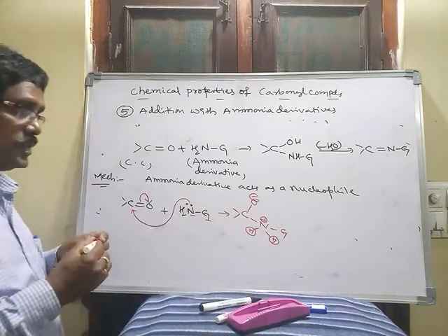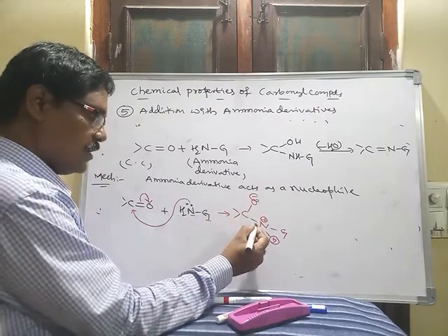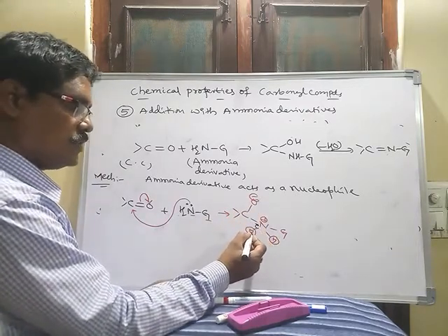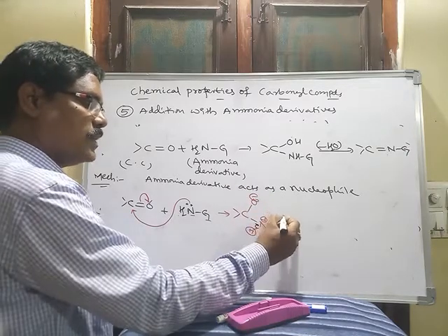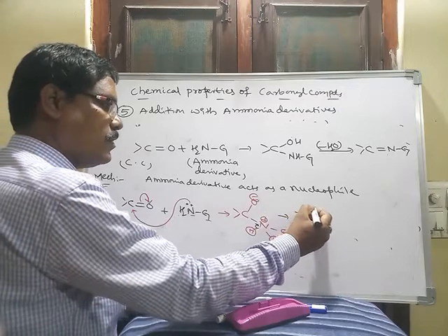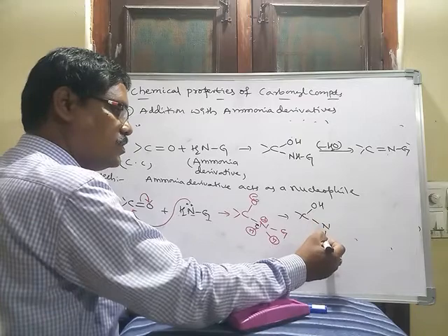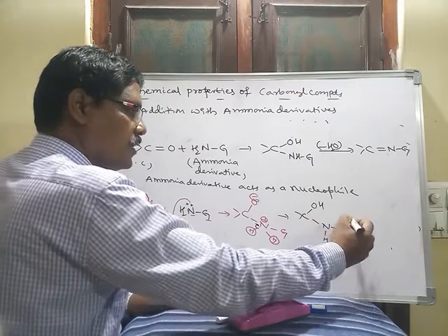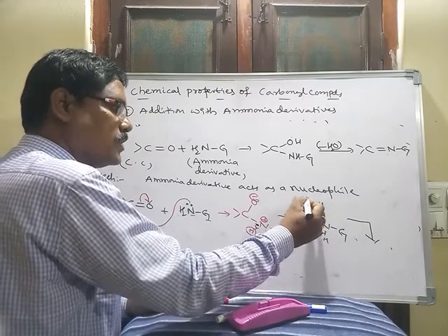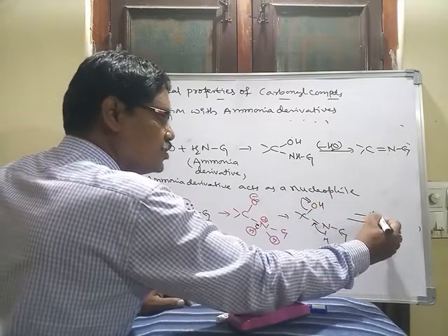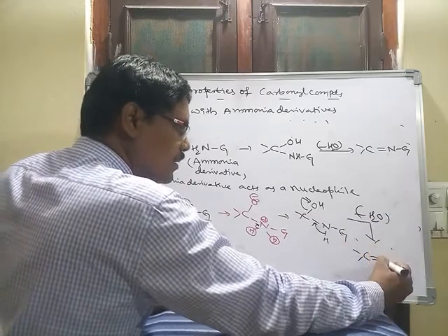Okay, what happens next? This plus attracts the bond, and H plus is shifted towards the oxygen. That's why the carbon-O becomes OH, and here we have N, H and G. Finally, this bond shifts to this side, and H2O is eliminated to form a carbon to nitrogen double bond.